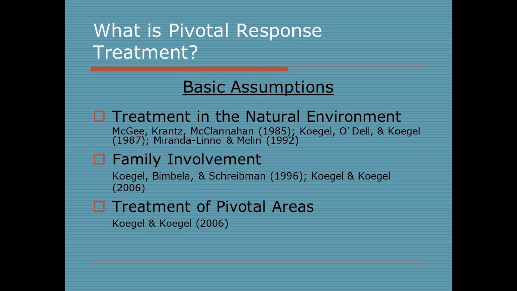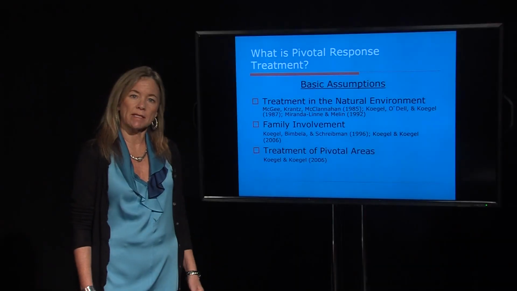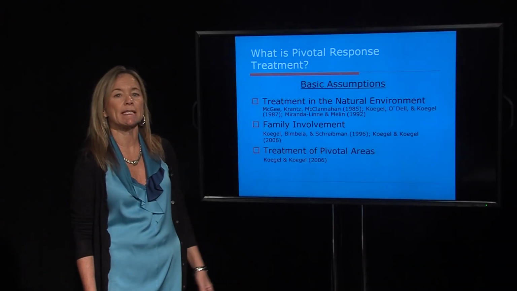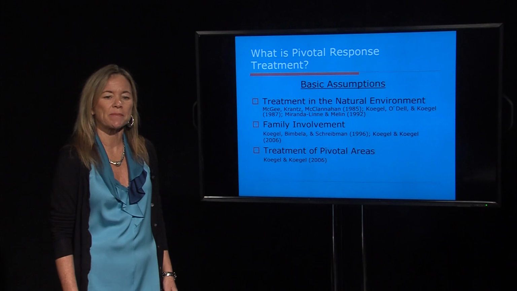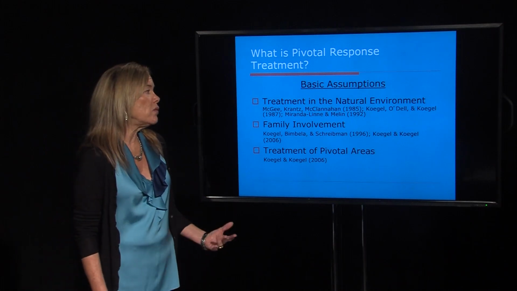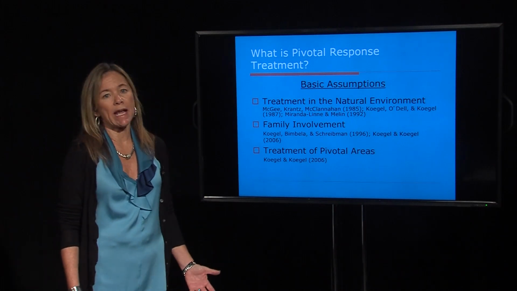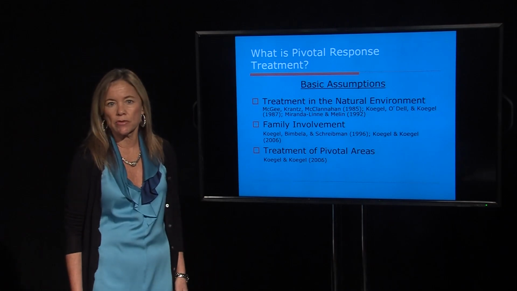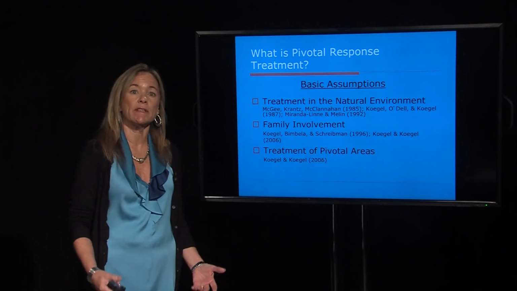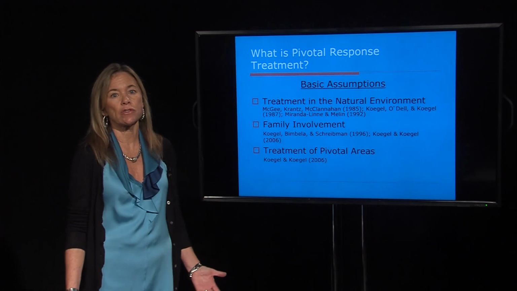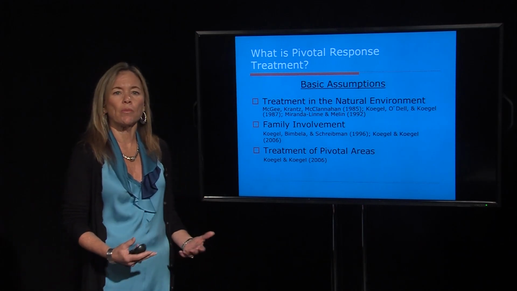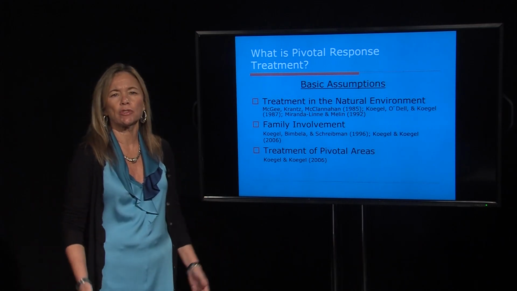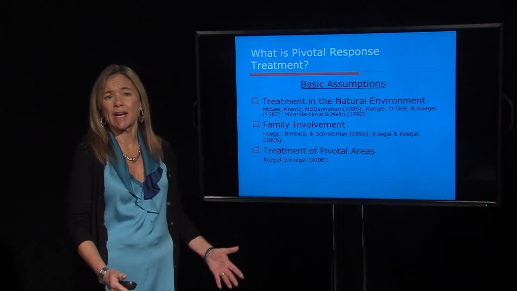So I'll just talk a little bit first about some basic assumptions with PRT before I go into the details of the motivational procedures. To start with, we really like to have the treatment in the natural environment. There's a lot of research to show that if you take a child out of his or her natural environment, they just don't develop naturally. So we've seen incidents of this in the literature where children were secluded or isolated.